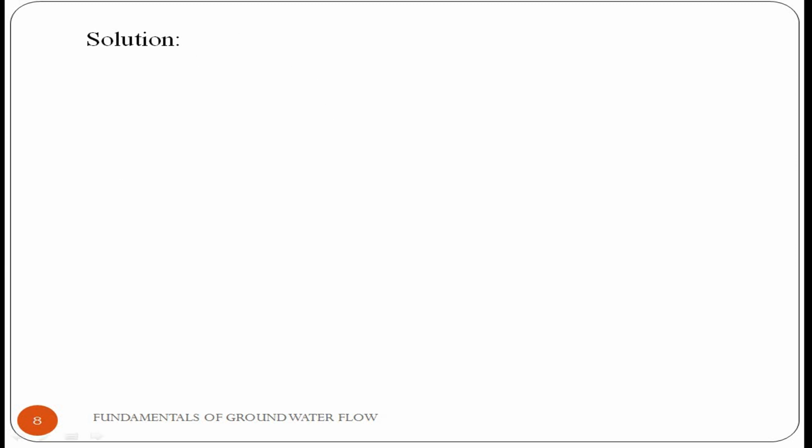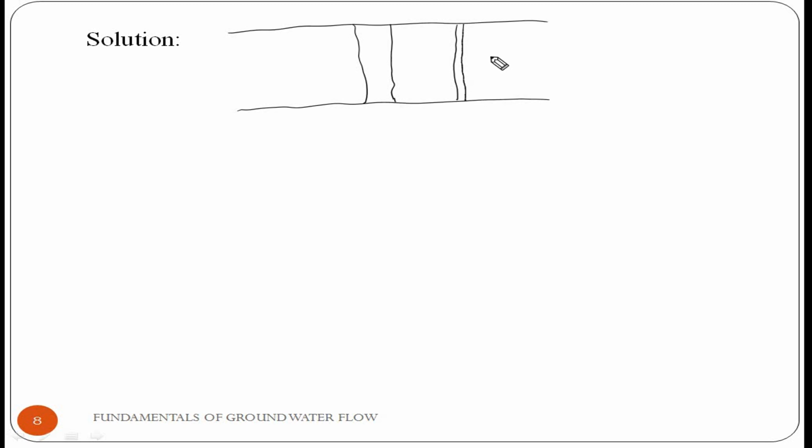Now let us understand with the help of the figure here. So we have a well, main well, and two observation wells are there. So here H is given as 15.24 meter.